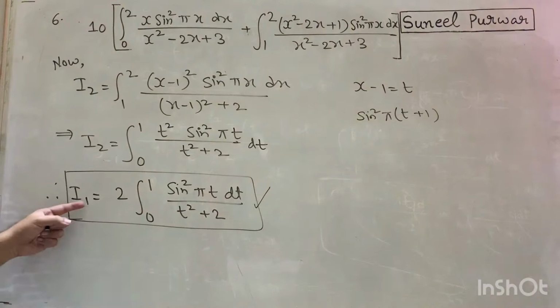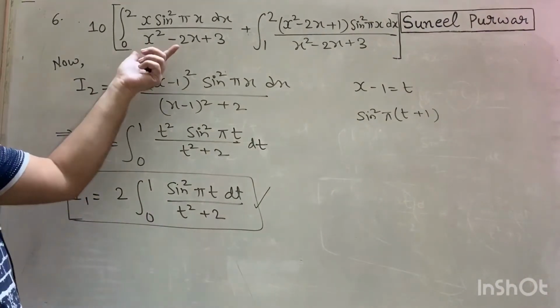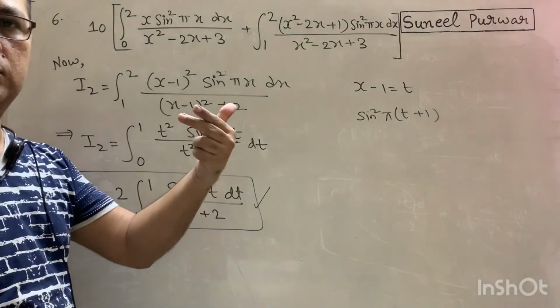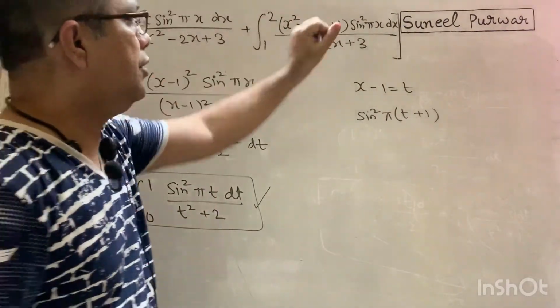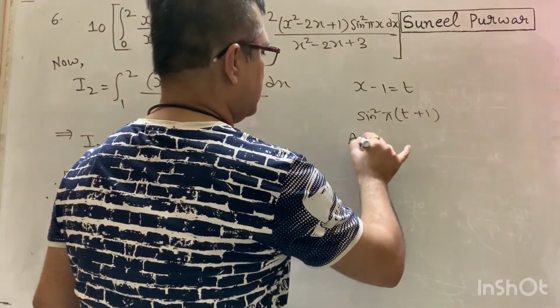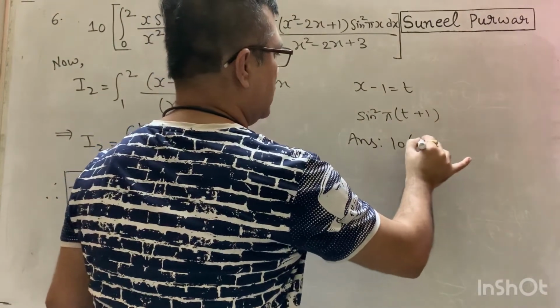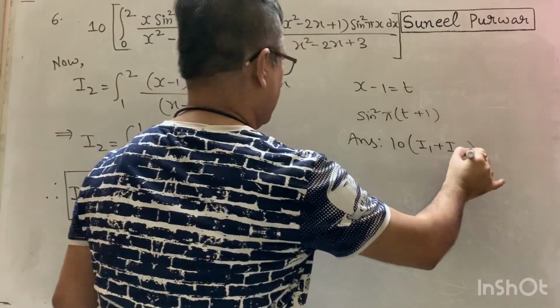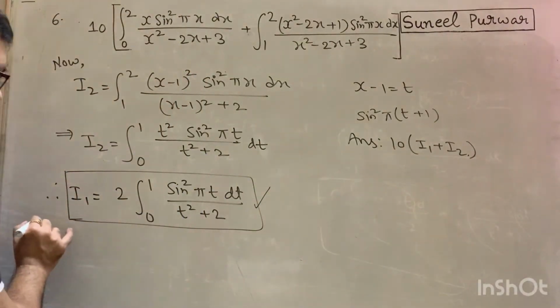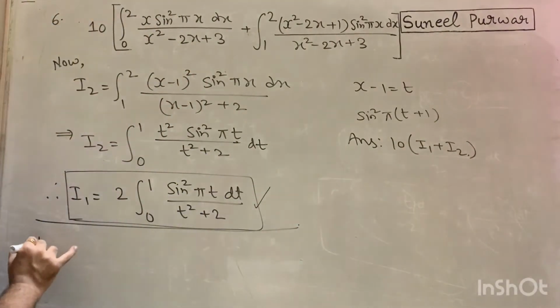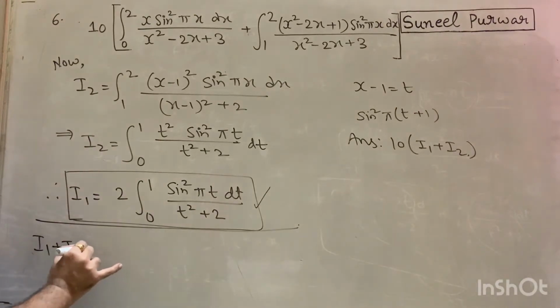So here is I1 and here is I2, and the required value. For your answer you need 10 times of I1 plus I2. So let's add I1 and I2.